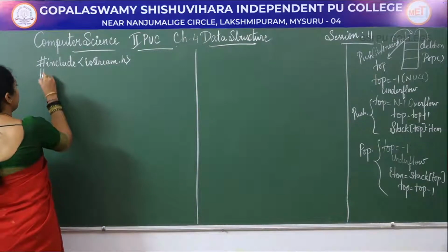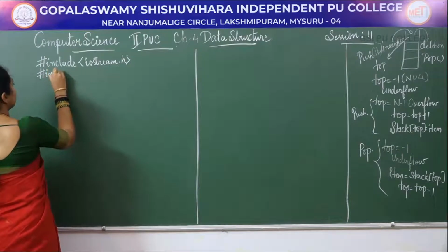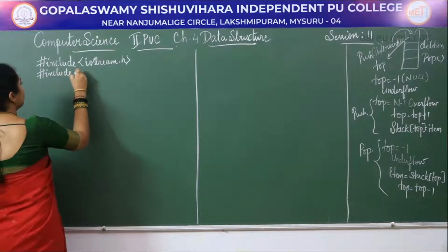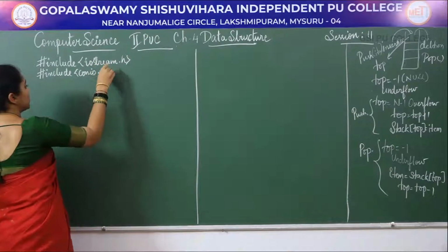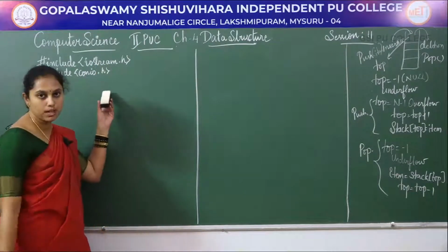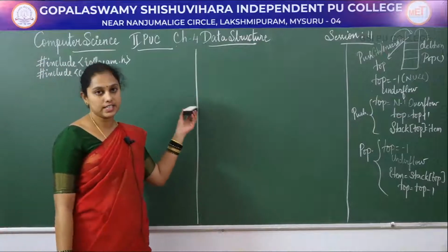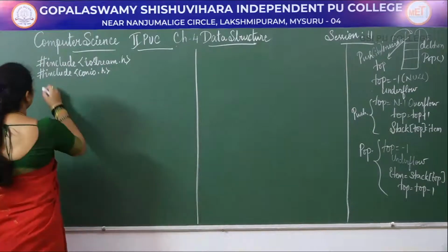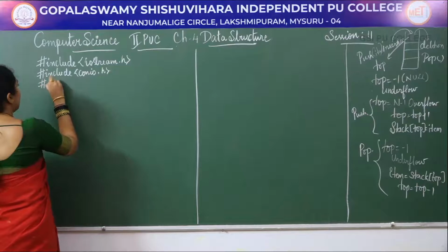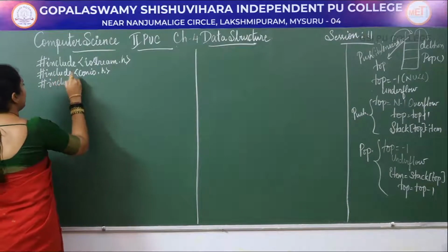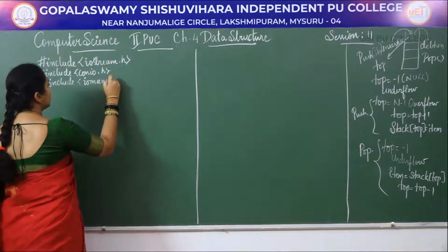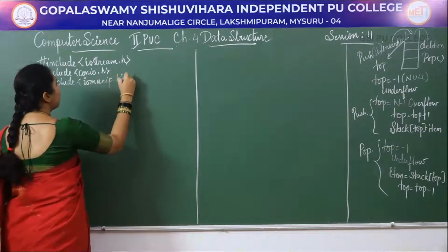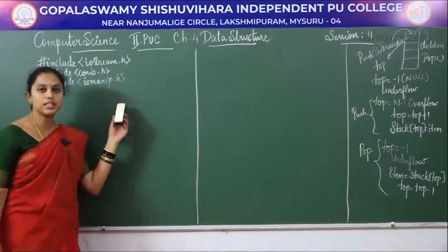And the next header file is #include conio.h, which contains the basic functions required for our C++ program like clrscr and getch. Next header file is #include iomanip.h. This header file is used to manipulate the output on the output screen.